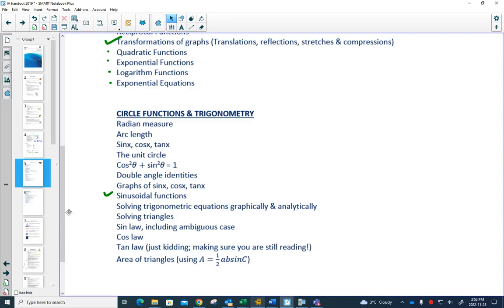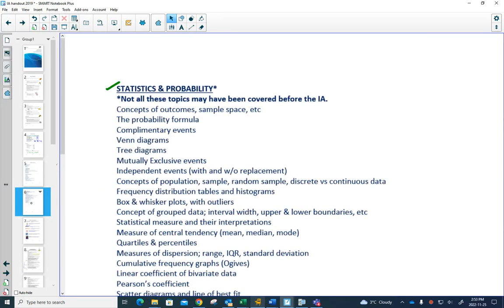Probably not too much with sine law and the ambiguous case, or cosine law, but you might solve something that uses that depending on what equation you come up with. Then statistics and probability, I just put a big check mark there. We did those units first, because if you want to do any kind of comparison, right?